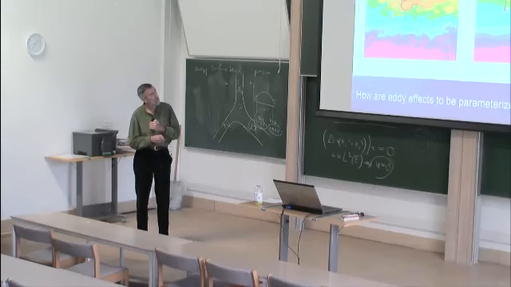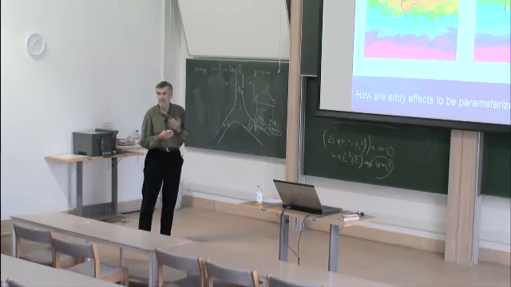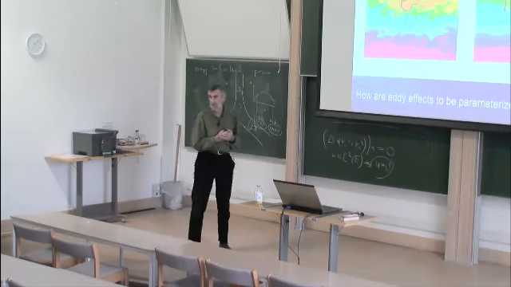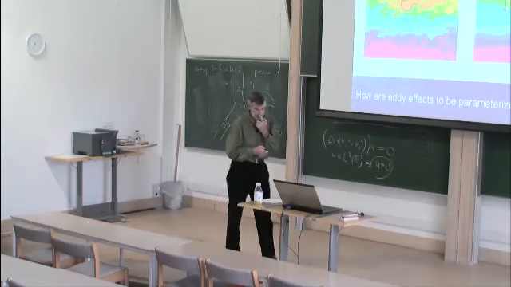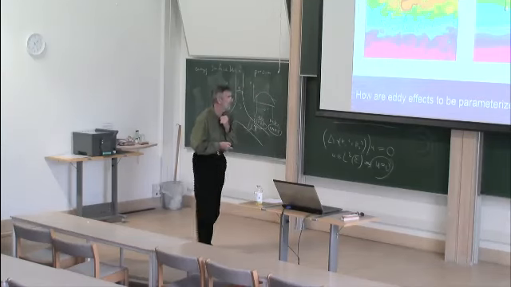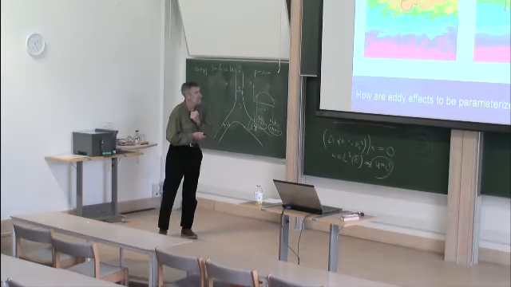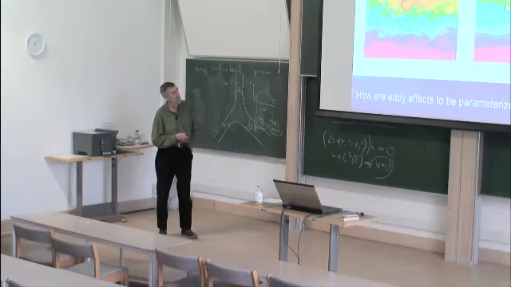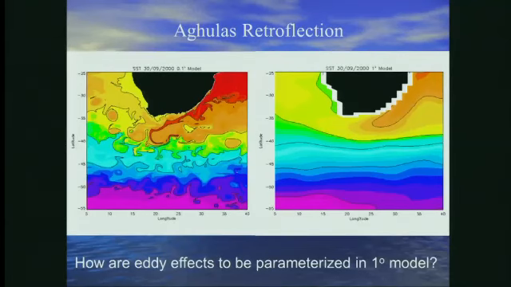And they are not resolved at all in a 1 degree model, which is the type of resolution that is used in climate models. So, the big question is, how are the effects of these eddies to be parameterized in this 1 degree model?